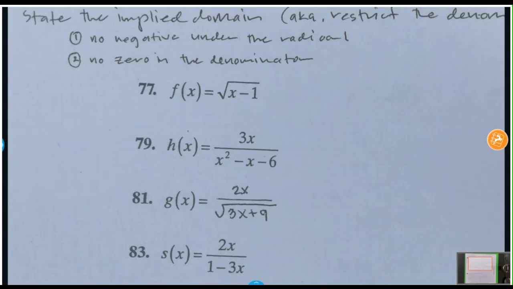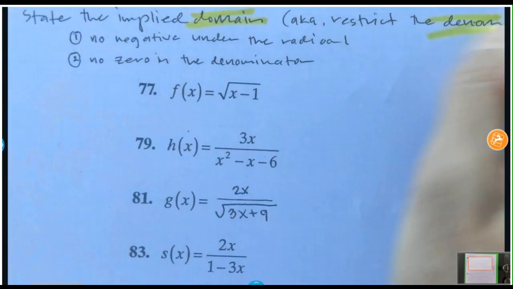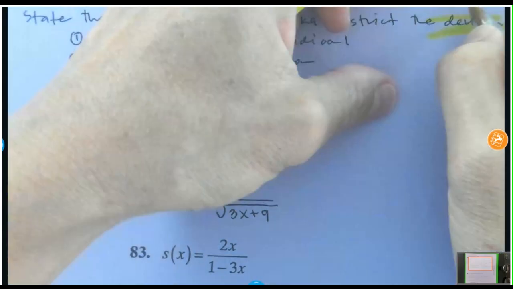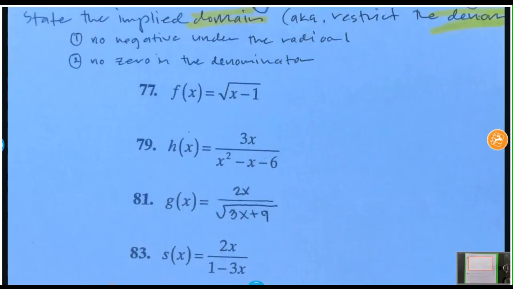All right, this says state the implied domain or restrict the domain. Now, when you hear the word domain, we know we're talking about the X values, so we're only worried about the X's. We're not restricting the range.